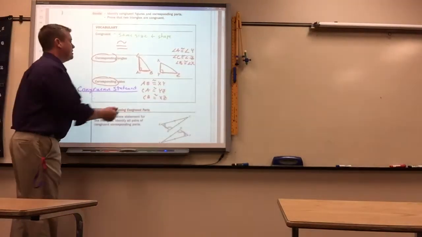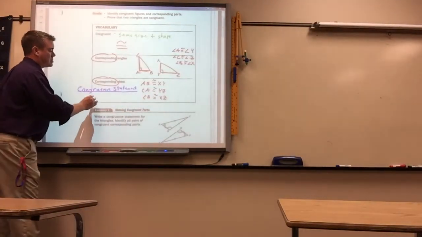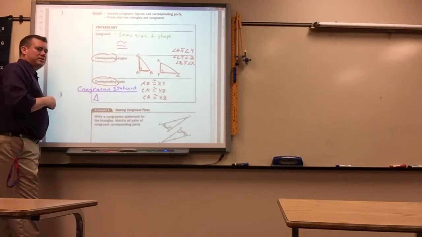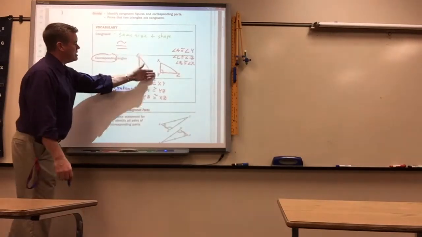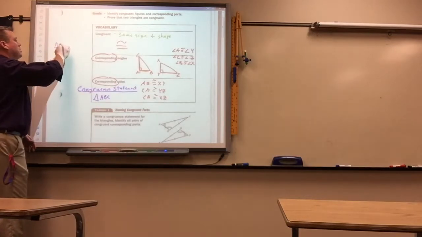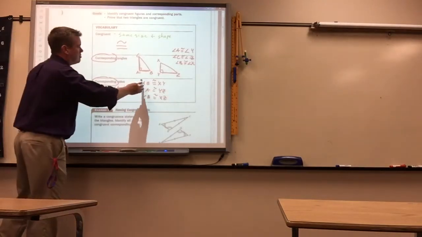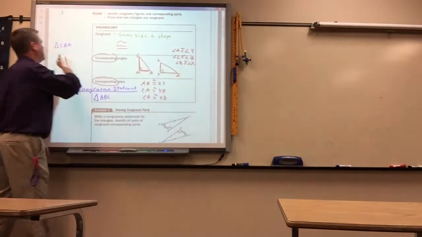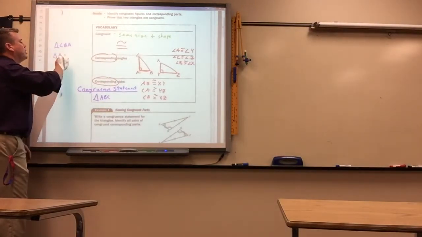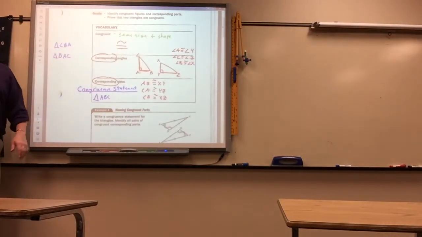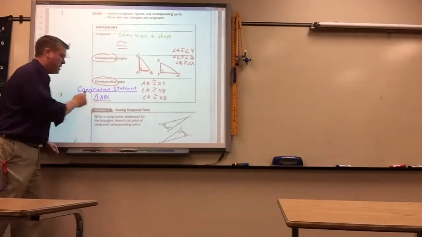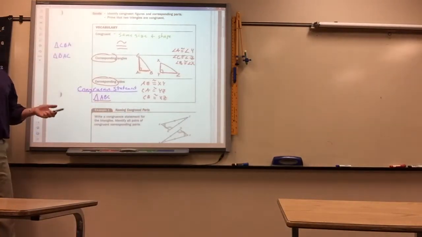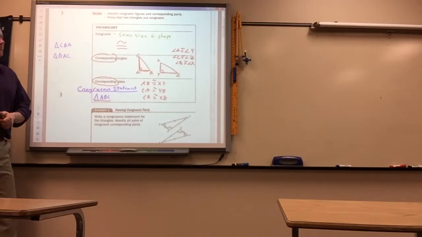So when you do that, since it's a triangle, you put the triangle symbol, ABC, or I could call it CBA, or I could call it BAC. It doesn't matter what order you put it in, but it's easier to correct if you put it alphabetically the first one. You don't have to, it's just easier to correct, like I said.